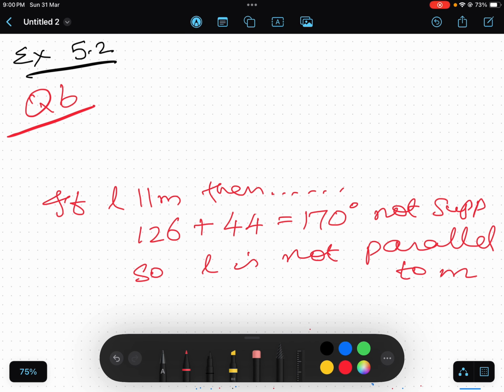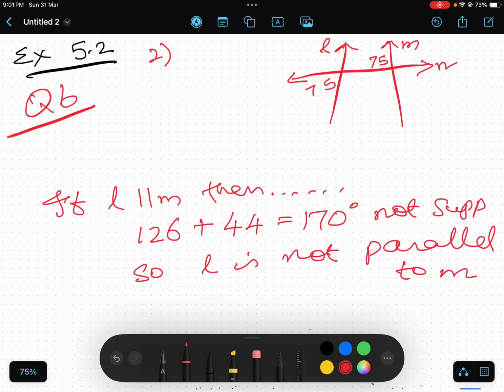So second part, they have given the figure like this. They have given like this, and then two lines are there like this. This is 75 degrees and this is 75 degrees. So this is line N, and then this is L, this is M. So the figure is like this. So now suppose you take this angle as A. A will be equal to 75 degrees because they are vertically opposite angles.